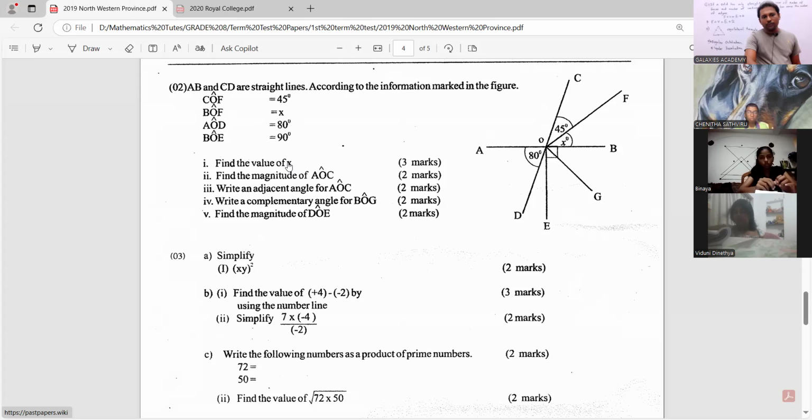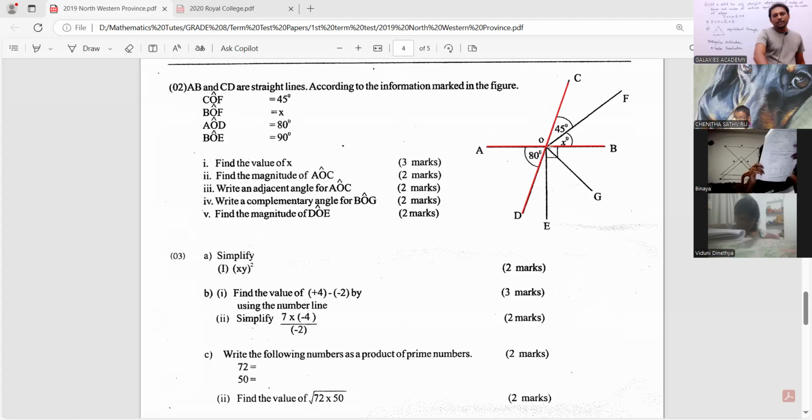Find the value of x. First, you have to find the value of x. How can you find x? You can see two straight lines like this, right? What are the two straight lines? This line and this line, right? Then a capital X shape is formed, right? What does the capital X shape mean?